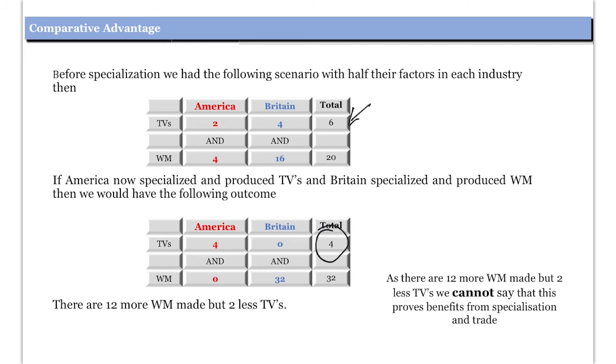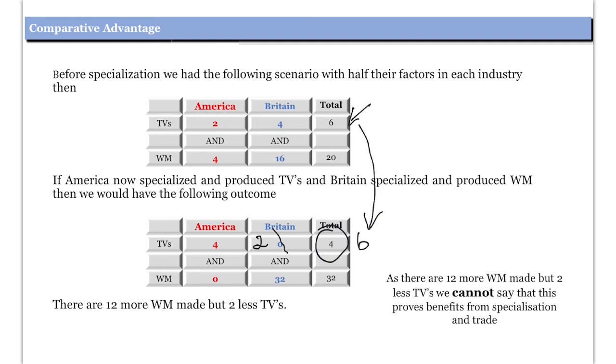So what we do is we say, well, let's make Britain not completely specialize. So we don't have 0 televisions. We bring that to 2 televisions. So now we have 6, which is the same number as before, and therefore that gets rid of the problem of there being 2 less televisions.